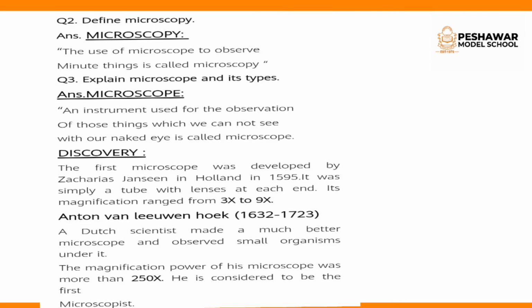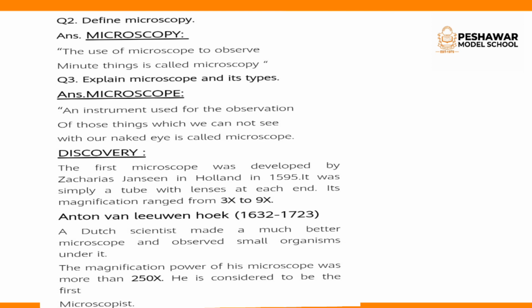As its name makes clear, the type of microscope which uses light as a source is known as the light microscope, and the type of microscope which uses a beam of electrons to see the image clearly is known as the electron microscope.